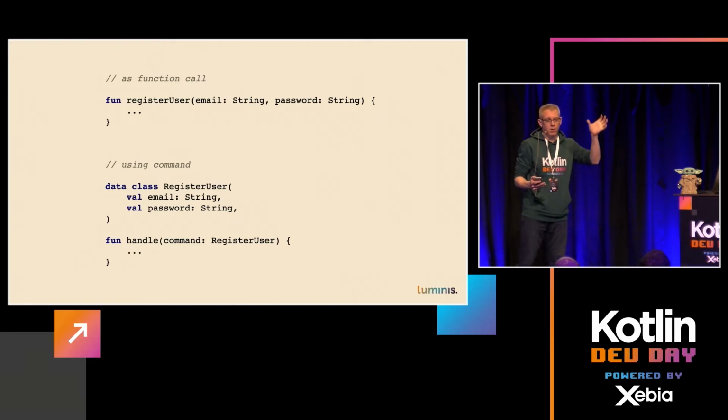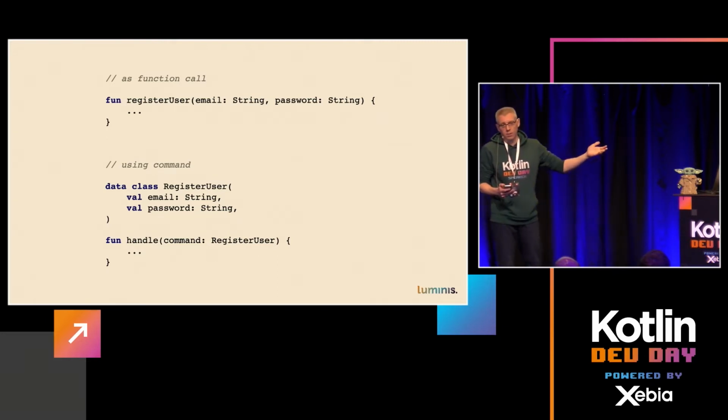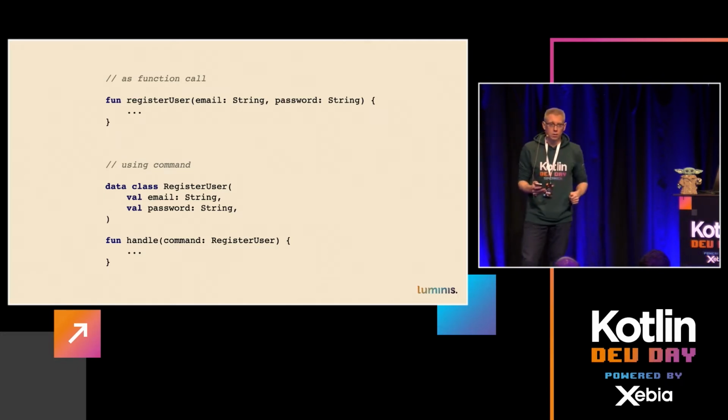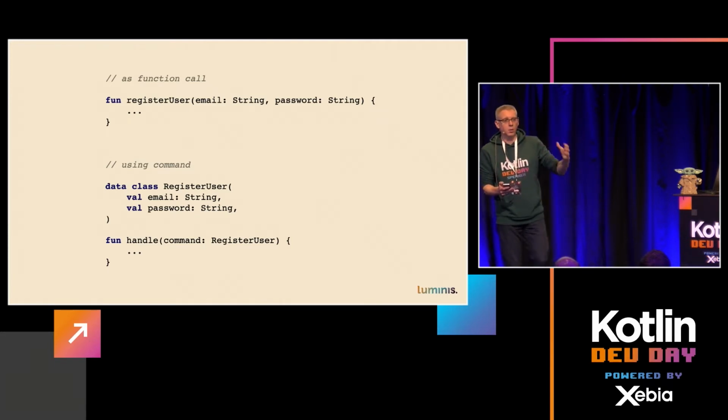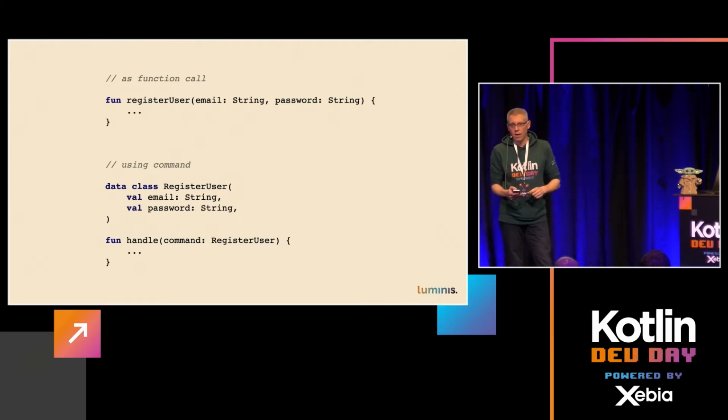You don't have to pass along all these parameters. If you want to add a parameter, you add it to the data class, and it goes along the whole chain. And because you capture all this information, you can delay them, you can queue them, you can replay them, retry them. There are a lot of nice things that happen when you start capturing the intent of what someone's trying to do in these commands.